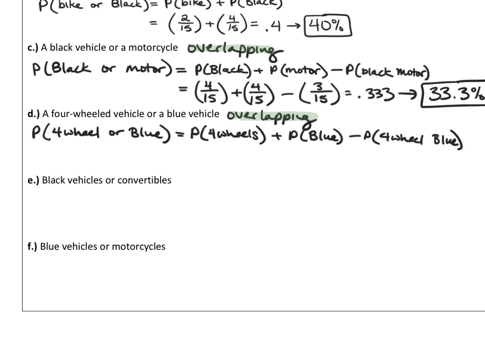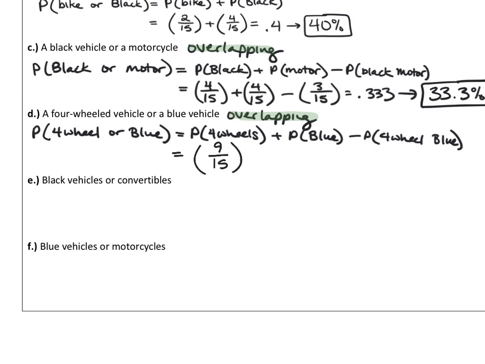Okay. How many vehicles out of 15 actually have 4 wheels? We have a total of 5 minivans, 3 convertibles, and 1 SUV. We said all of those have 4 wheels. So how many total 4-wheeled vehicles do we have in the parking lot? 9.